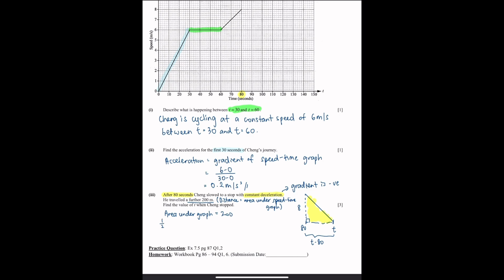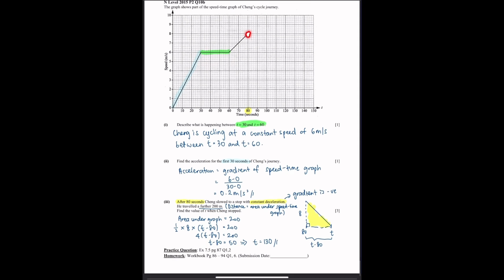It will be the area of the triangle, so half times height times your base, which is t minus 80, equals 200. Continue on, you'll get 4 times t minus 80. Divide by 4 on the right, and then you will get t equals 130. So this is how you do part 3.